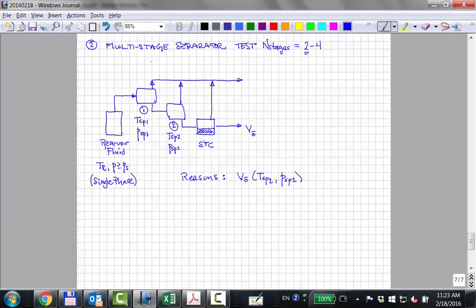If there's enough gas, particularly the first stage gas, the composition of that first stage separator gas can be important, because you can extract liquids out of that, propane, butanes, and gas liquids. That can be very valuable, particularly as the gas oil ratio increases over time. So another reason would be to get the composition of the separator gases.